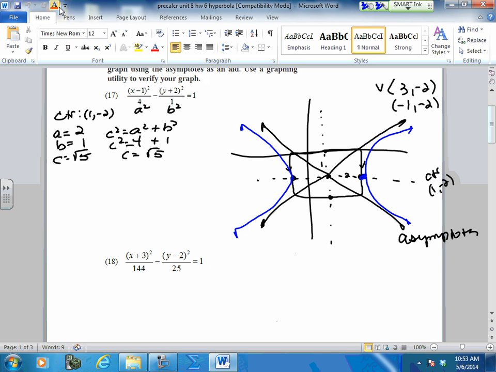Now your foci sit on your transverse axis, which is your x. Just like a parabola, it sits inside of it like this. So give me your points for your foci. I want the points for your foci.